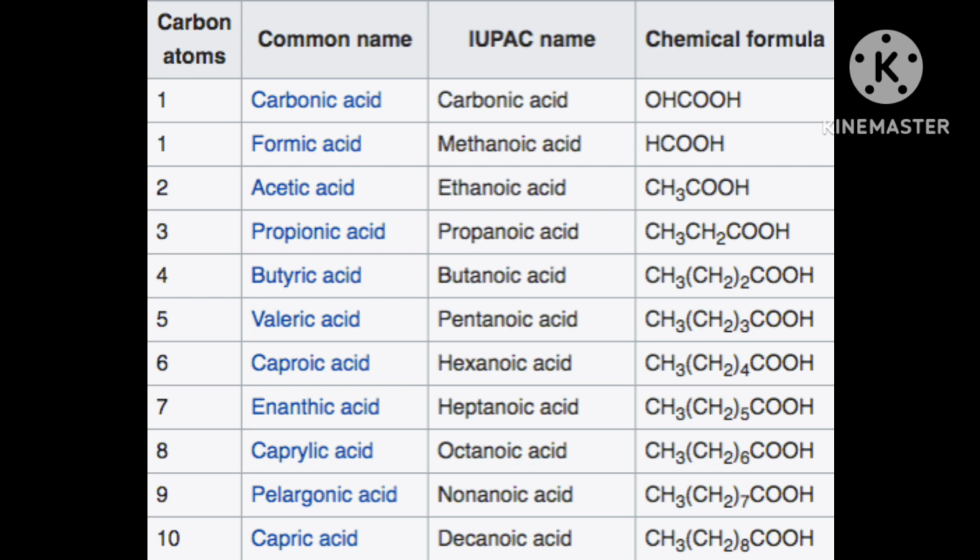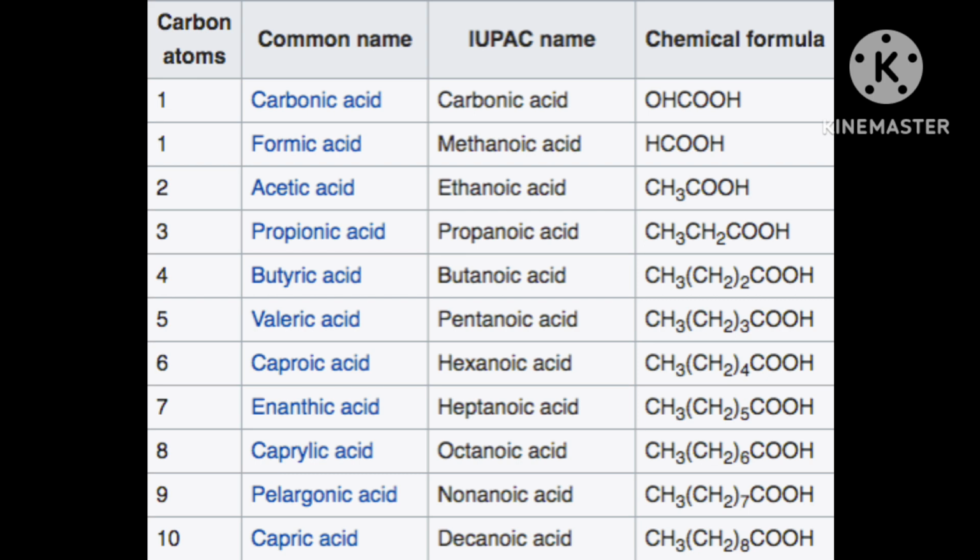COOH on one side, other side again COOH, in the middle CH2 whole 2, total 4 carbons. And the IUPAC name you can write very easily: butane dioic acid. If a COOH group is there, whether it is 2 or 3 or 4, finally it will be acid.